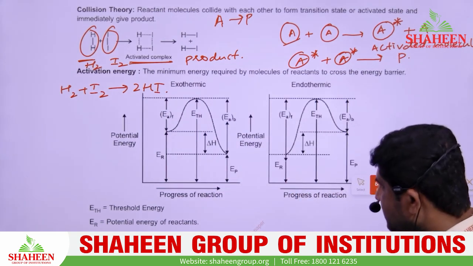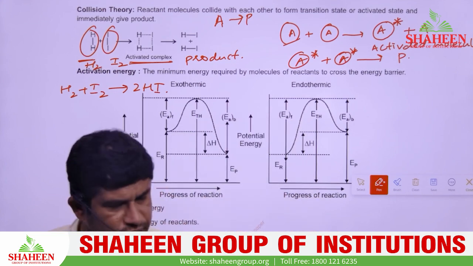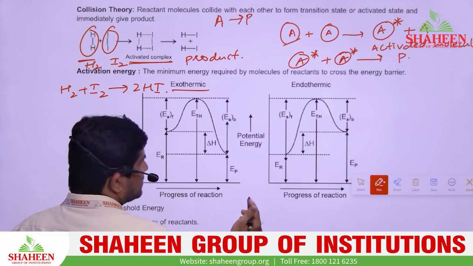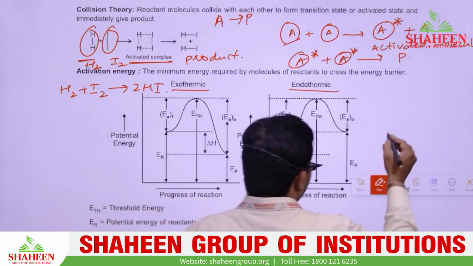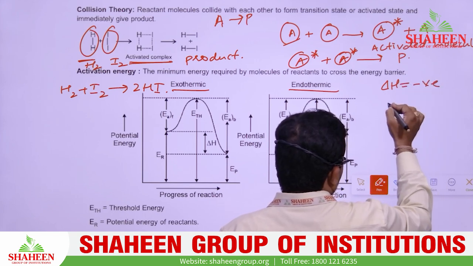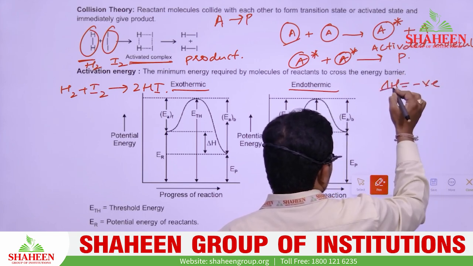We will see here. This is the graph for an exothermic reaction, and this is the graph for an endothermic reaction. Exothermic reaction means heat is evolved, heat is released in the reaction.